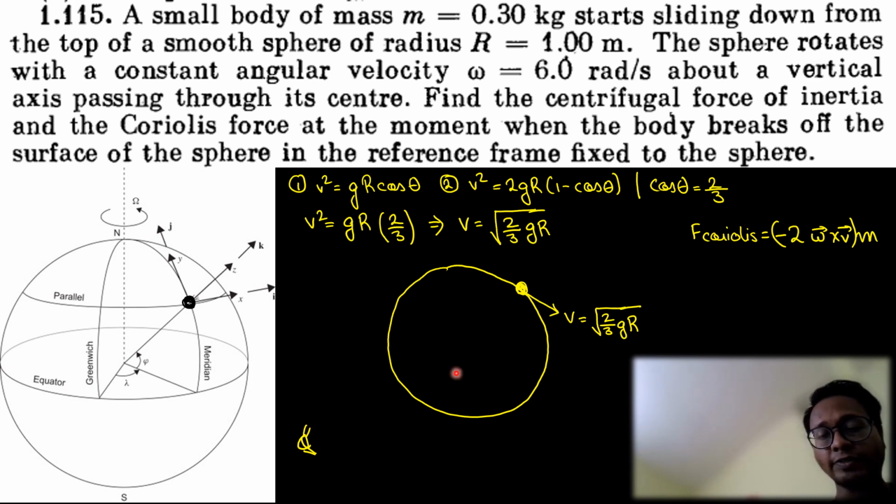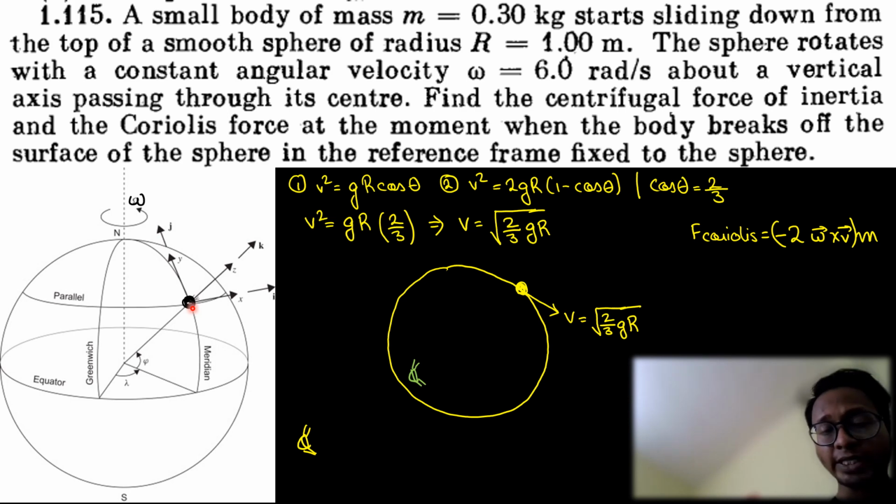So how do I modify this velocity so that it becomes from the perspective of someone who sees this particle from the rotating sphere? Now, just for a little bit of time, imagine this particle was moving with zero velocity as seen by someone. That means this particle was floating on the top of the sphere, and the sphere was spinning with angular velocity omega, which is equal to 6 radians per second.